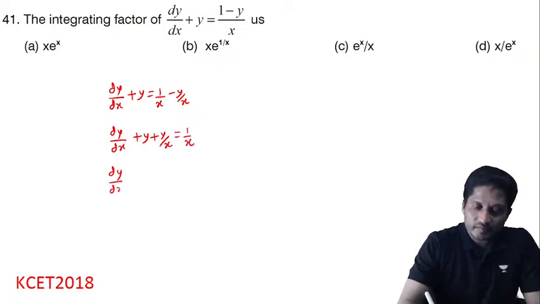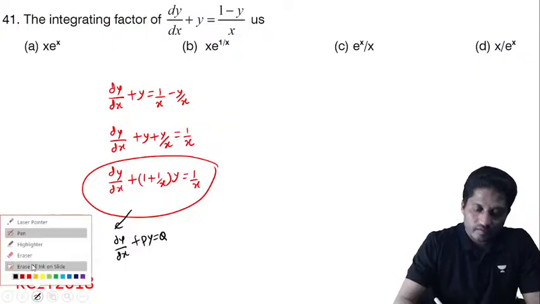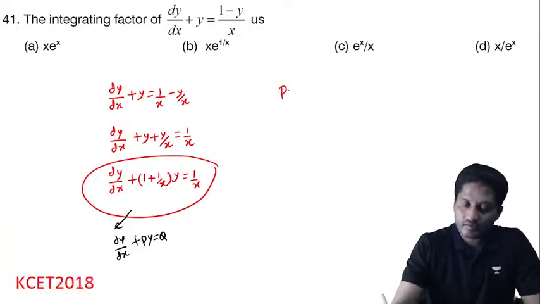So dy by dx plus, if I take y common, it is 1 plus 1 by x into y equal to 1 by x. So it is of the form dy by dx plus py is equal to q. Now p is equal to 1 plus 1 by x.